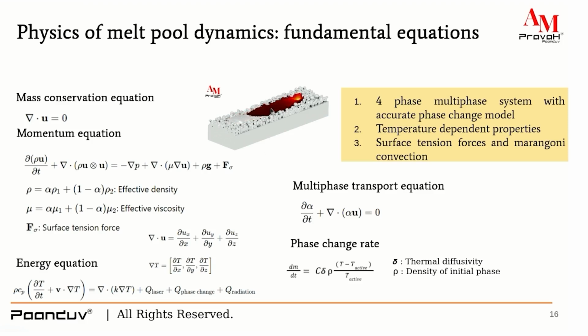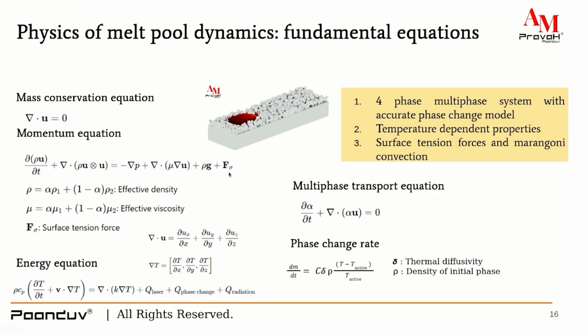The melt pool which is formed here will have molten metal, and that molten metal will have a certain density and a temperature gradient also. Due to that, there will be a buoyant force.